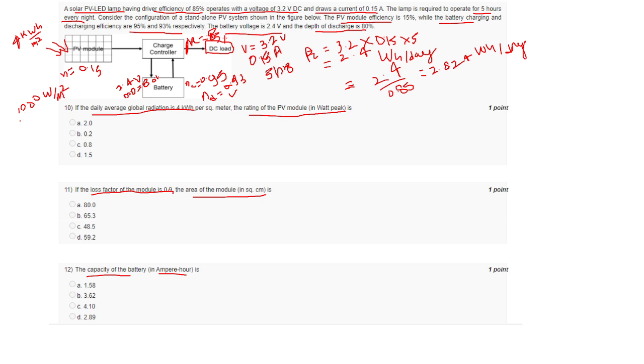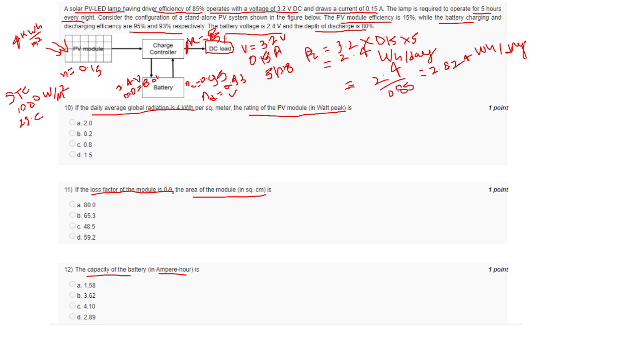This is your STC. So the PV modules are rated for the standard value of solar global radiation, that is 1000 watt per meter square, when the solar cells are maintained at a temperature of 25 degrees Celsius.